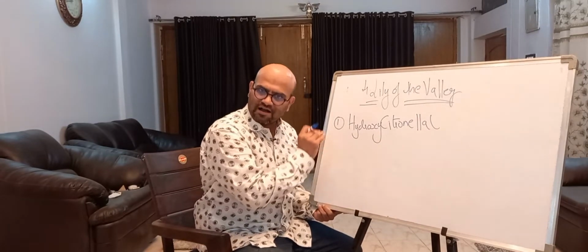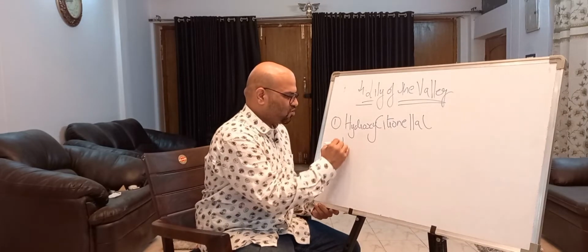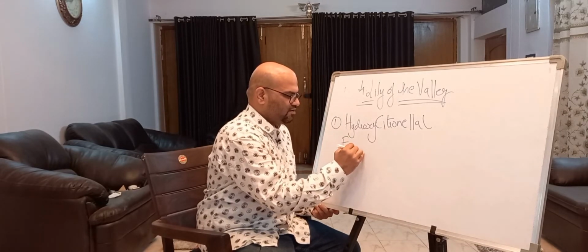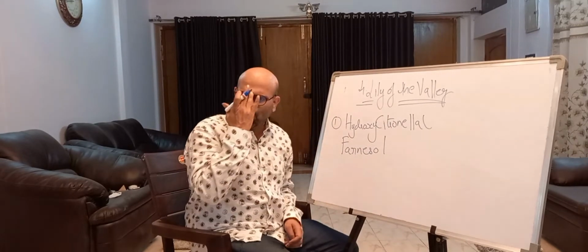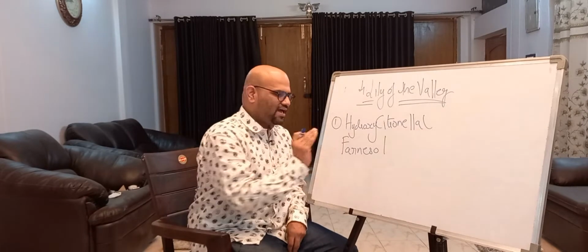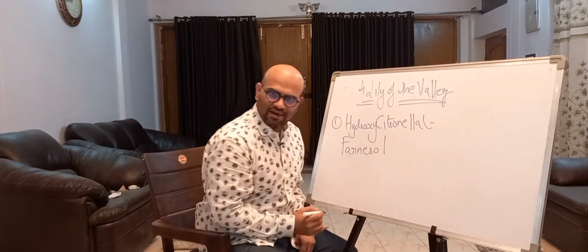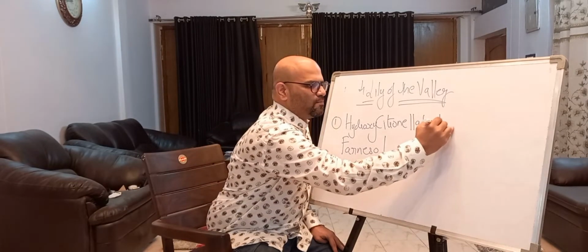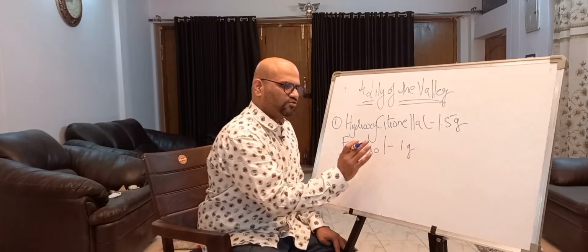With the accord is a material called farnesol. Only two materials, hydroxycitronellal and farnesol. Hydroxycitronellal, we are going to take 1.5 grams. Farnesol, we are going to take 1 gram.